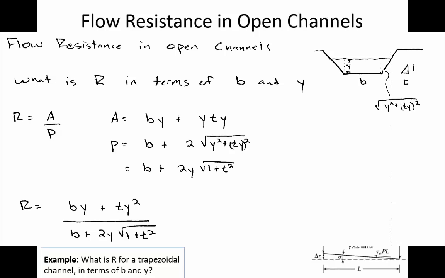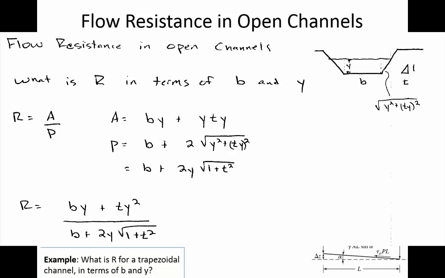So P, wetted perimeter, is going to be the bottom width b plus 2 times the square root of y squared plus ty squared. And ty is in parentheses when we square it. We can further simplify that to b plus 2y times the square root of 1 plus t squared.